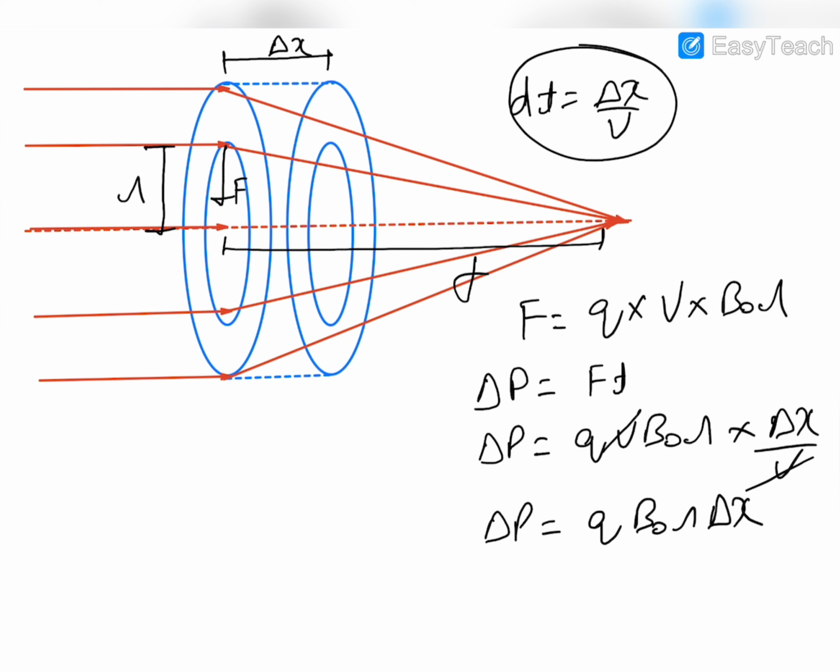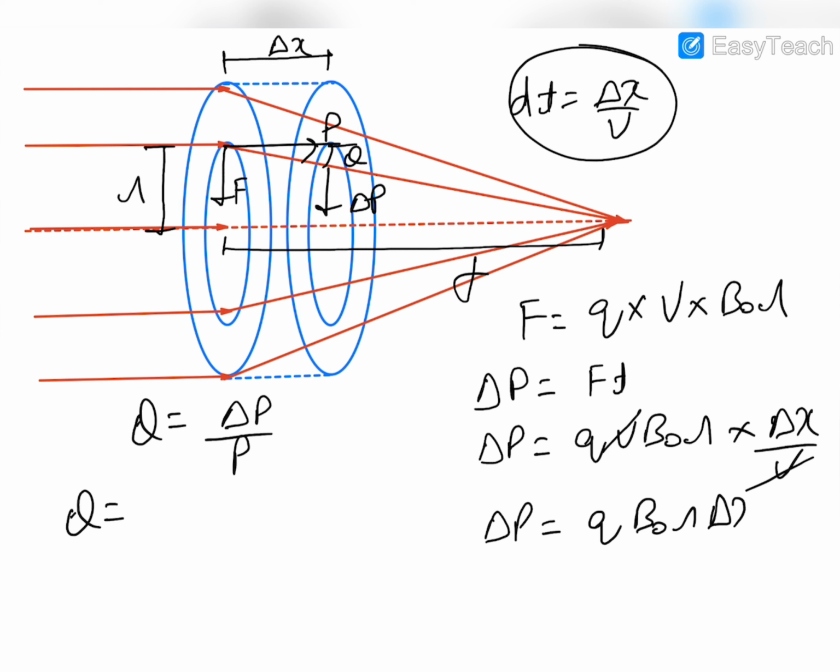We can easily imagine that this will be the momentum in the y direction, delta p, and the x direction momentum will remain the same. If we need to find this angle theta, which is a small angle because delta x is small, theta will be equal to delta p upon the original momentum p.